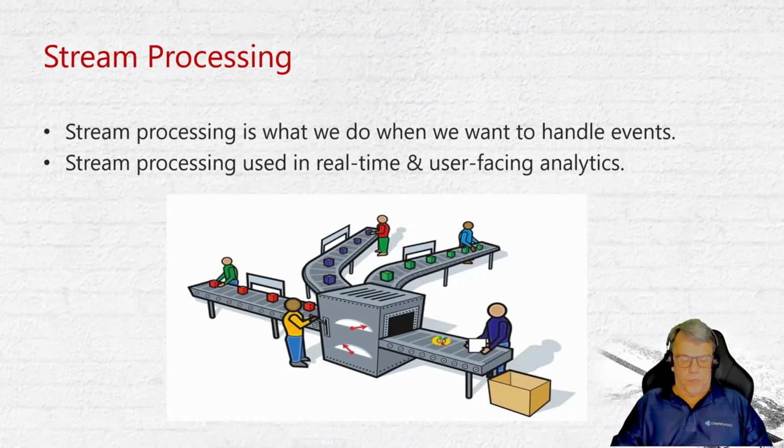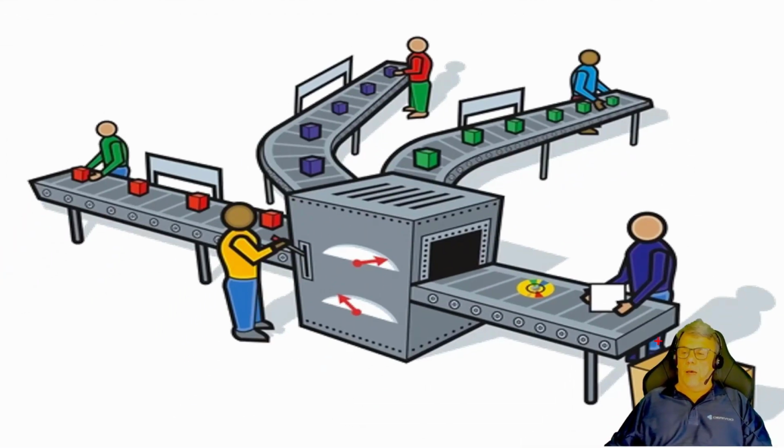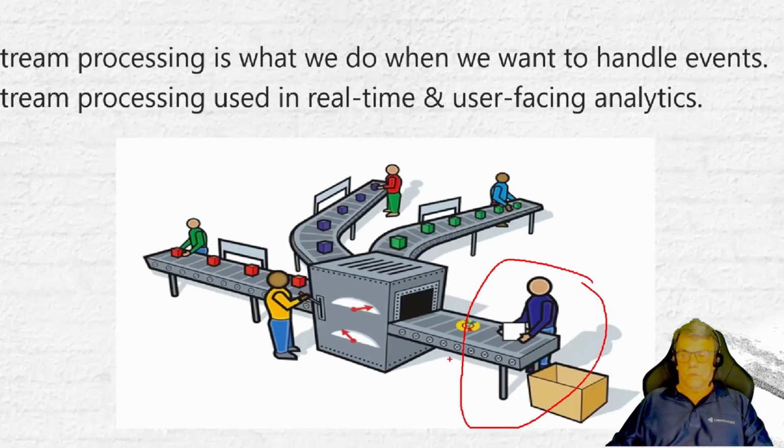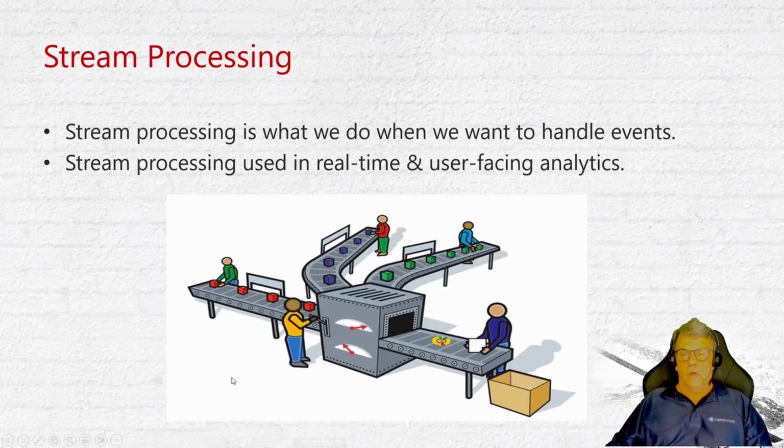And we can see down here in my little diagram how we have a producer who is pushing in red, blue, purple, and green boxes, right? He publishes into here.